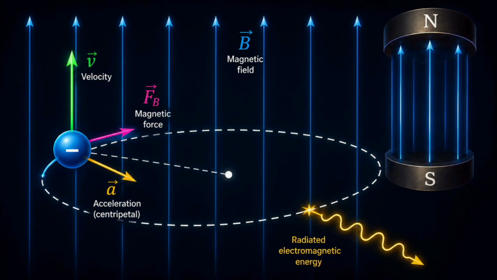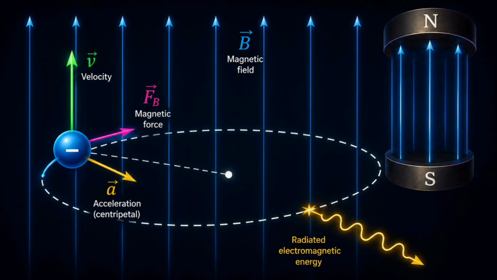Now comes the most important question. How can the electron radiate if its speed never changes? Because constant speed does not mean constant velocity. The electron's velocity vector is continuously changing direction. That change in direction corresponds to acceleration, and therefore it corresponds to electromagnetic radiation.